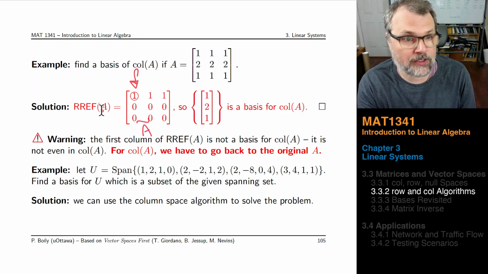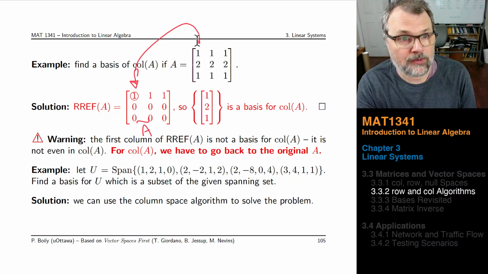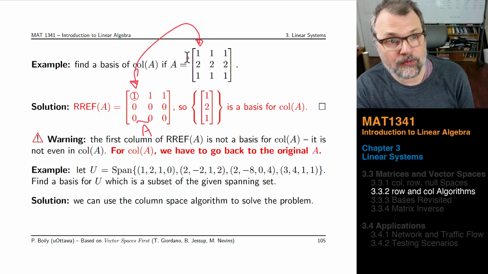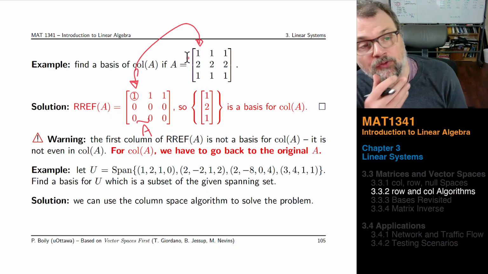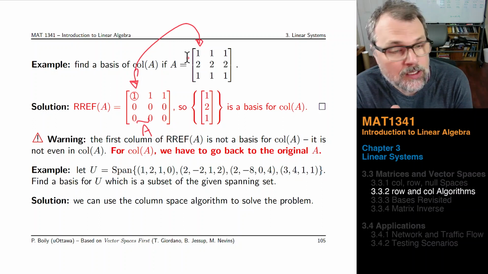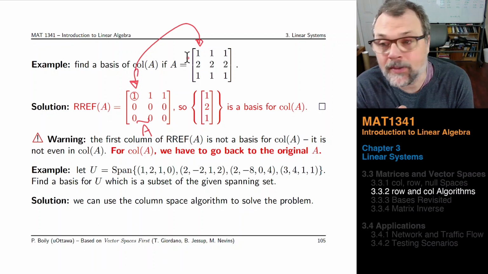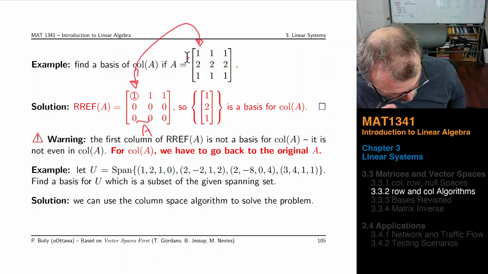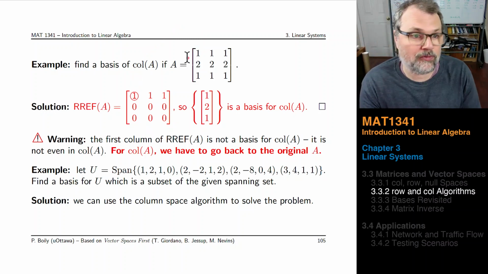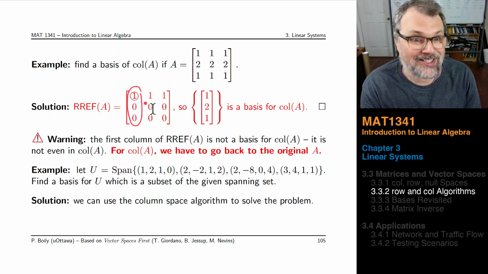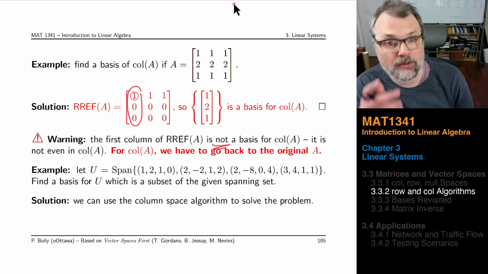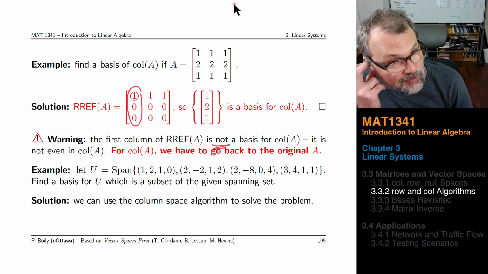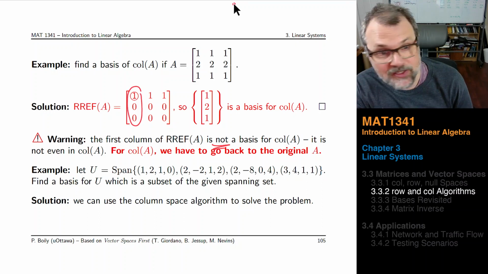The reduced row echelon form, and that corresponds to the first column of the original matrix A. 1, 2, 1 is a basis then for the column space of A. But the first column of the reduced row echelon form of A, this one here, is not a basis for the column space of A. It's not even in the column space of A, actually. For the column space of A, you have to go back to the original A.